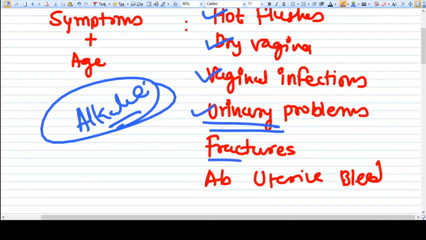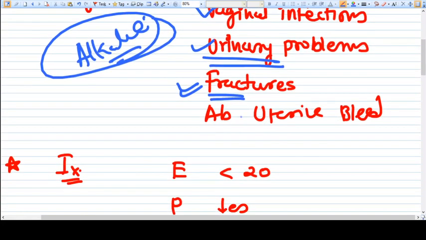Because of the bone loss, we have higher chances of fractures. And because the estrogen and progesterone cyclic pattern is lost, the endometrium that is present is not well cyclized.